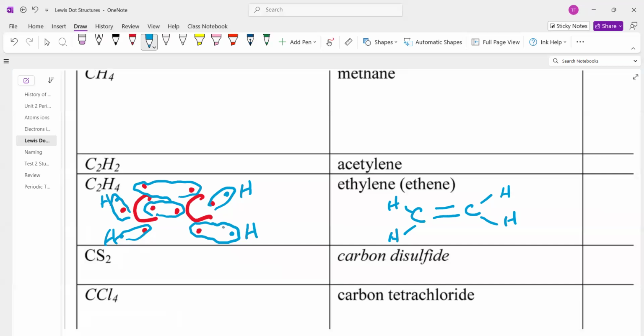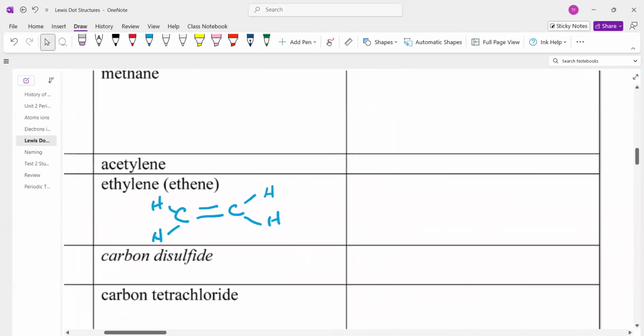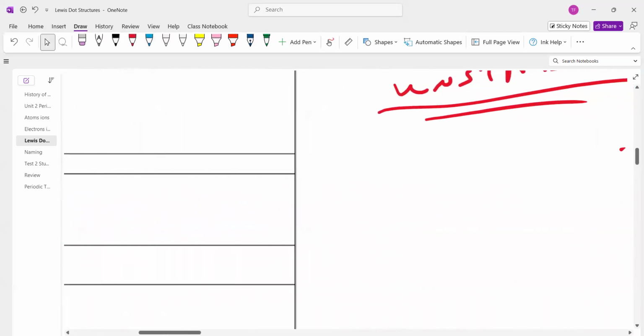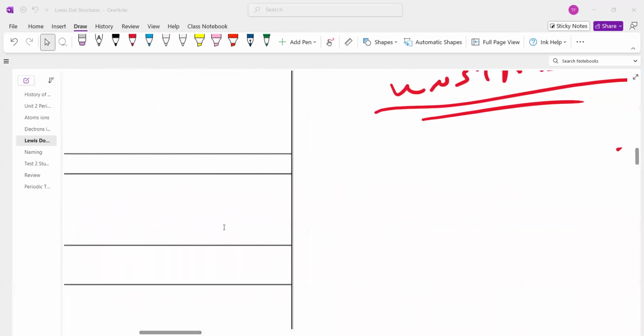Okay, so let's do some more examples. Notice these are neutral. Let's do an ion now. Let's do a neutral one. Another one is an example. Then we'll do that.